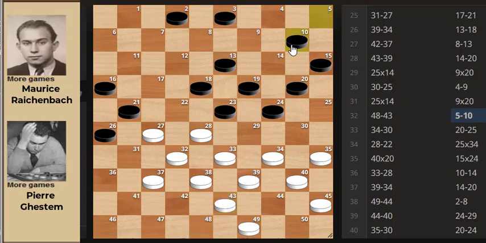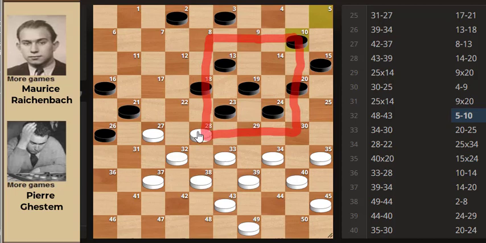Morris replied by playing 5, 10. We draw the square. Then we know that we can play 34, 30 because the vertex here, there's no piece here, and the vertex here is well surrounded.